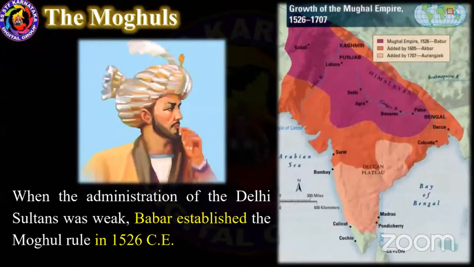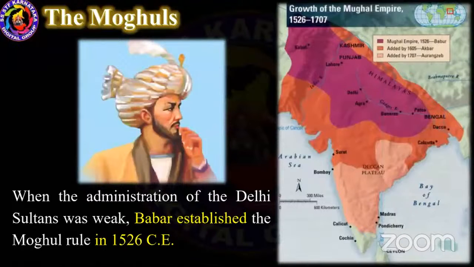You already know the Lodi dynasty. It is the last dynasty of the Delhi Sultanate. Ibrahim Lodi was the ruler of the Lodi dynasty, ruling the Delhi Sultanate kingdom. During this time, Babur entered India and fought with Ibrahim Lodi, and he succeeded in defeating him in 1526 CE.